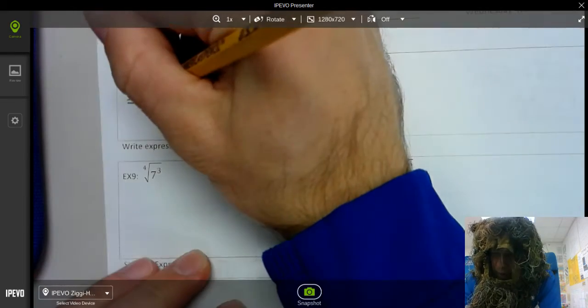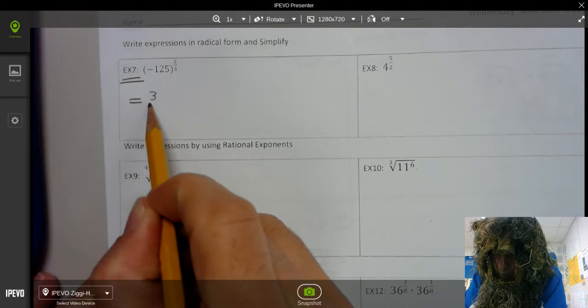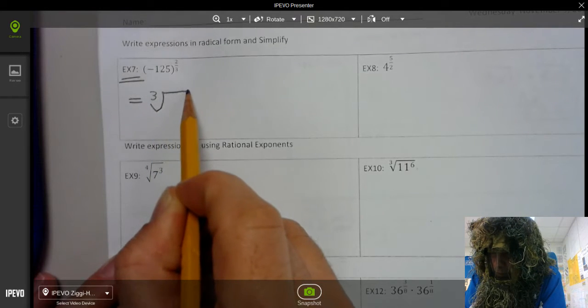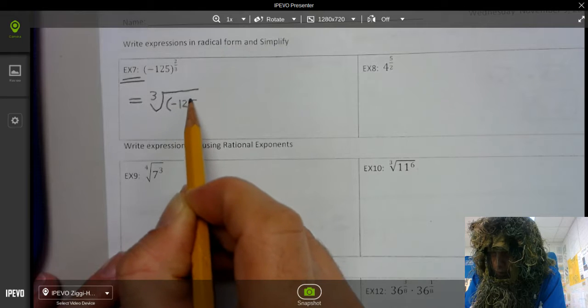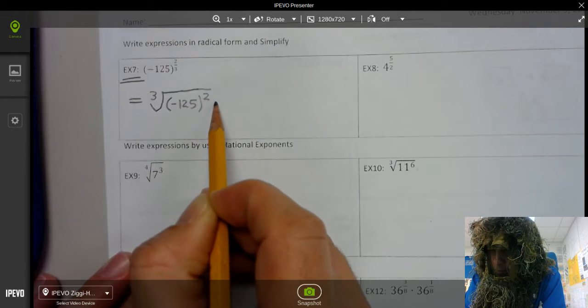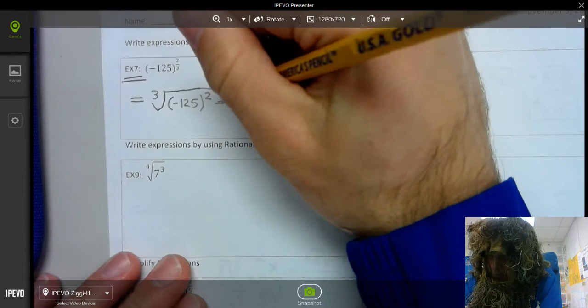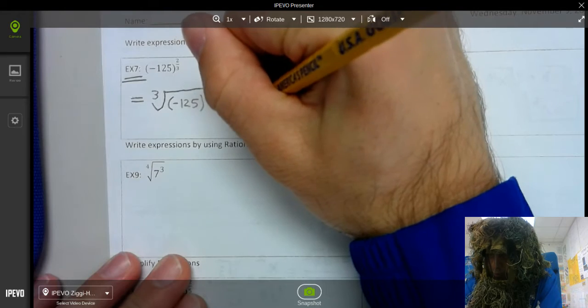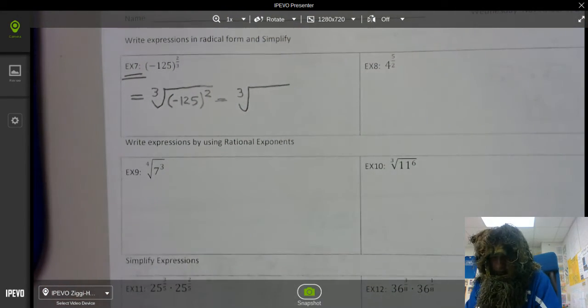So this can be rewritten as the cube root of negative 125 squared. So at this point, you want to put negative 125 in your calculator squared.